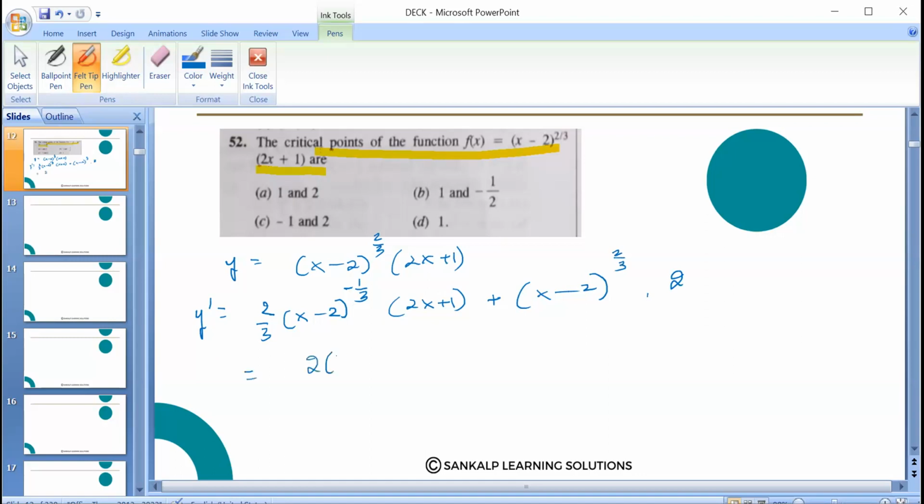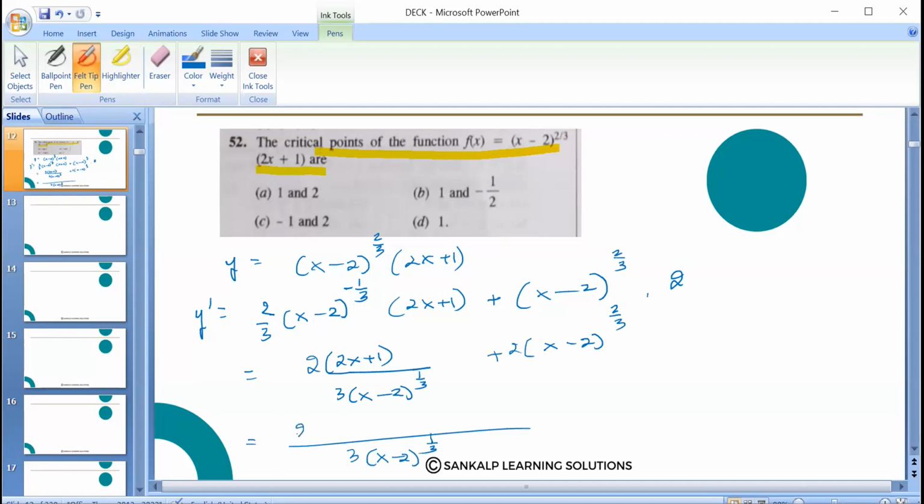We have to take 2 into 2x plus 1 by 3 into x minus 2 power 1 by 3 plus 2 into x minus 2 power 2 by 3. Or denominator is 3 into x minus 2 power 1 by 3, 2 into 2x plus 1 plus 2 into 3 into x minus 2 power 1 by 3 into x minus 2 power 2 by 3.